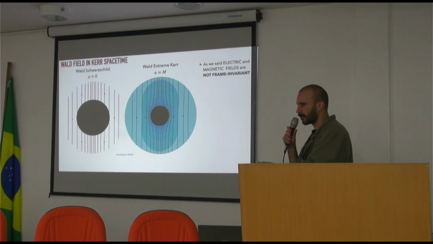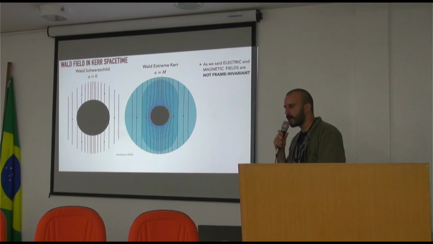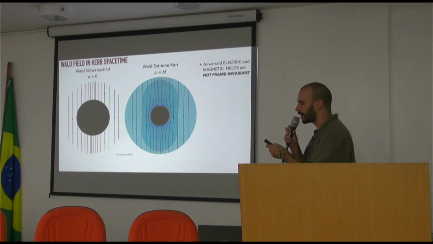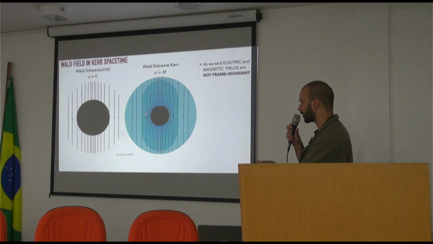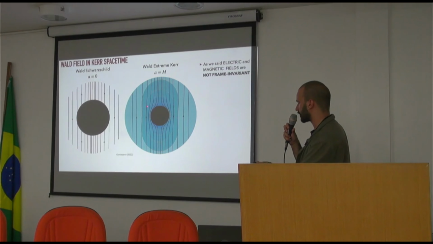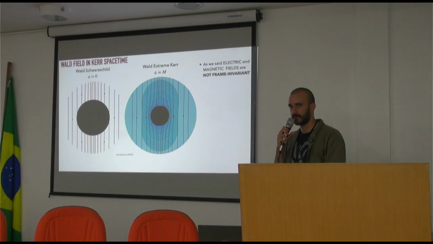As soon as we turn on the rotation of the black hole, what happens is that the magnetic field lines are expelled from the event horizon. The event horizon shrinks also. This is a natural process by increasing the spin of the black hole. And when we reach extremality, you can see that the magnetic field lines become tangent to the event horizon surface and never cross the horizon.